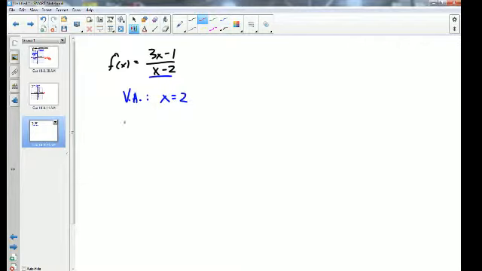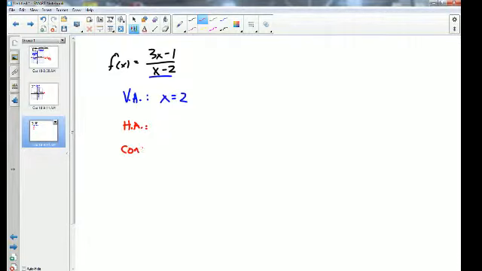Horizontal asymptotes, when it gets like that, get a little messier. Okay, there are a couple of methods. This is the easiest one.